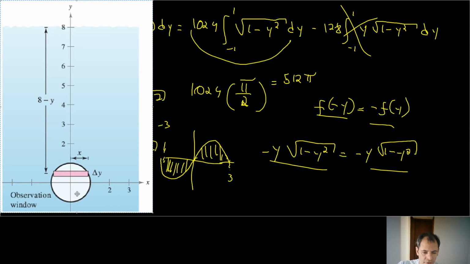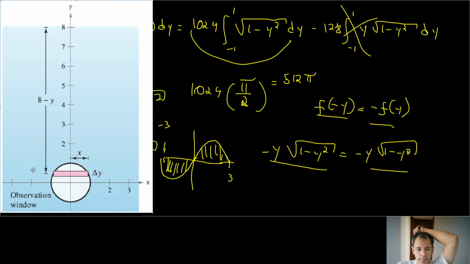You're dividing the surface of this round circular observatory, or submarine window, whatever you want to call this thing, into infinitely thin horizontal bars.